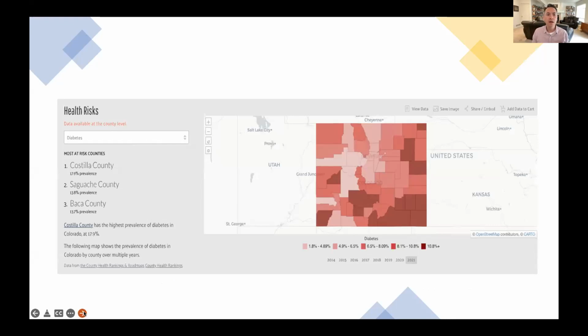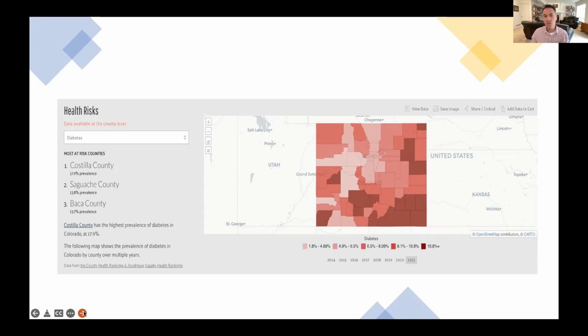Also, this is a really interesting free data source for you, medical assistants, medical managers, doctors out there. If you are concerned about diabetes or hypertension or breast cancer, you can find the prevalence of health risks based on county.